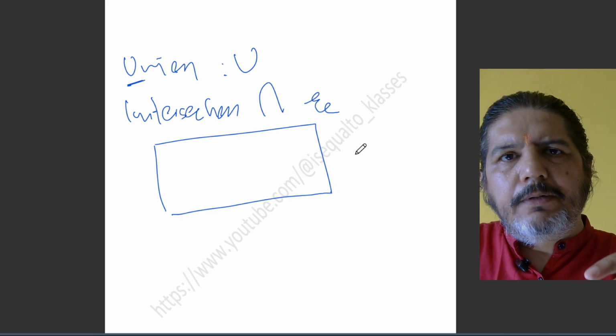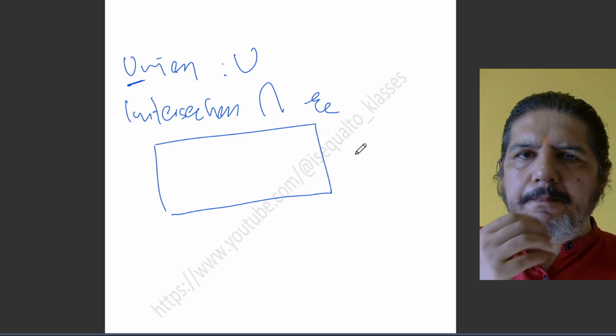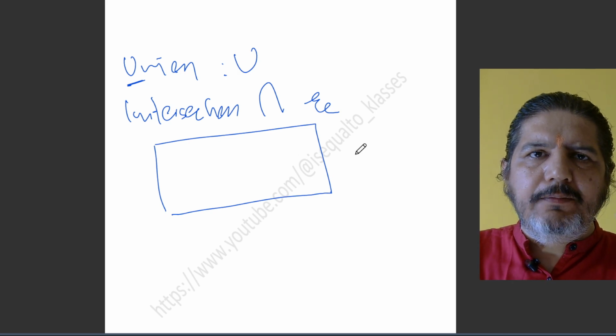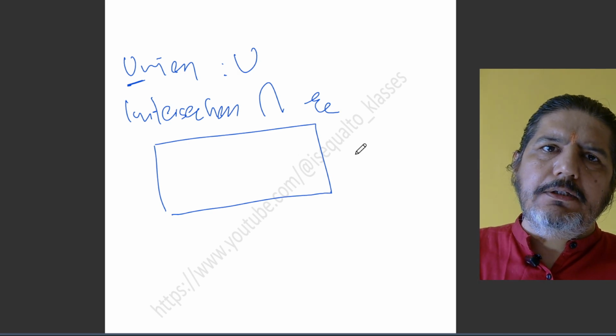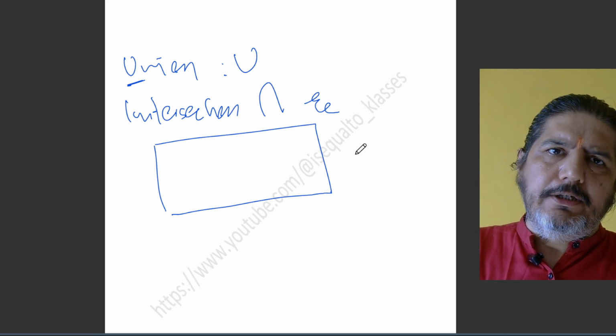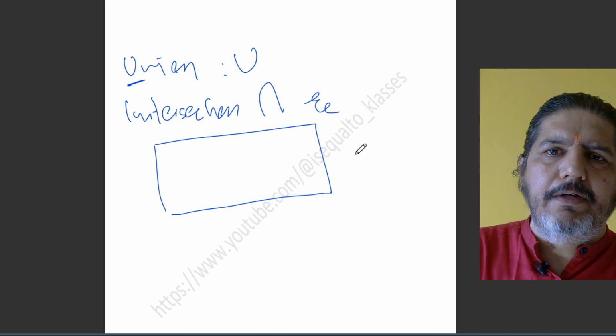Universal set implies that whatever problem you are discussing, what is the boundary in which all the elements would be there? In each question, the universal set would be different, depending upon the context. We'll take a few examples and then you'll be able to understand well.